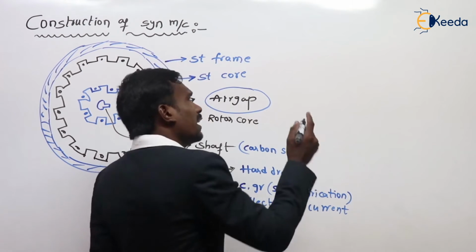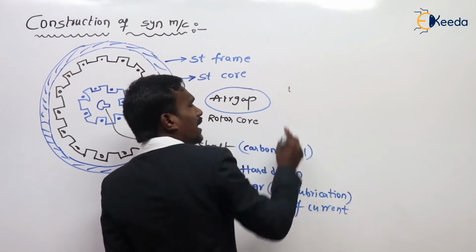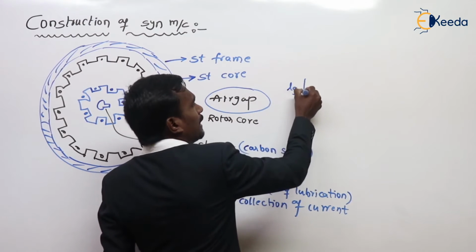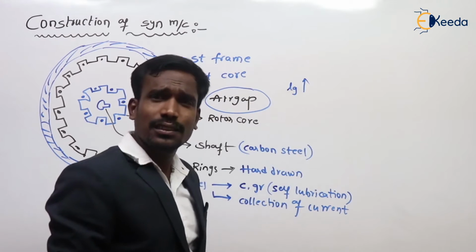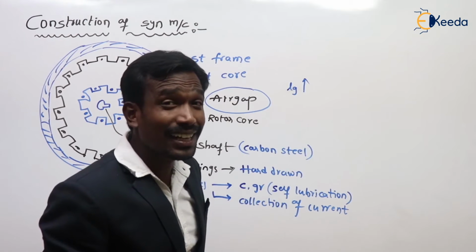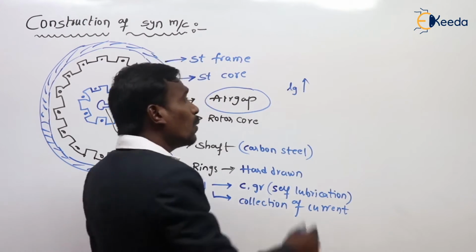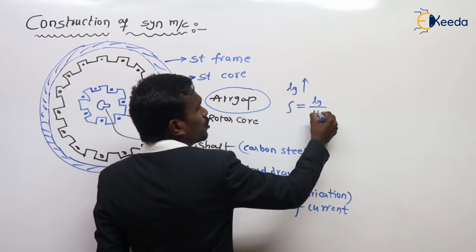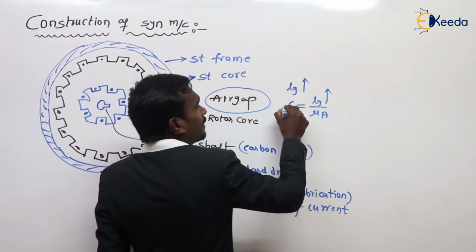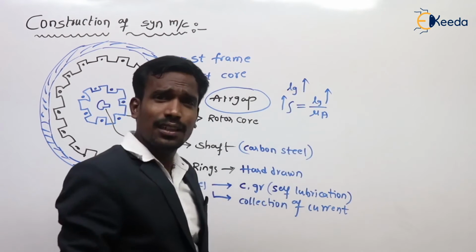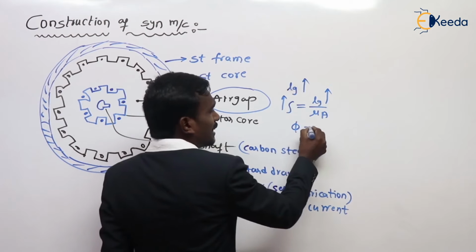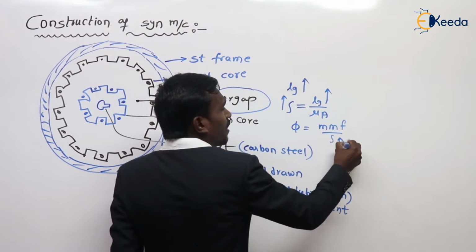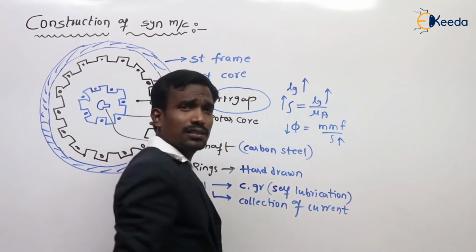In any machine, if the air gap increases, what happens? If the air gap increases, then automatically reluctance increases. If reluctance increases, then automatically flux decreases.